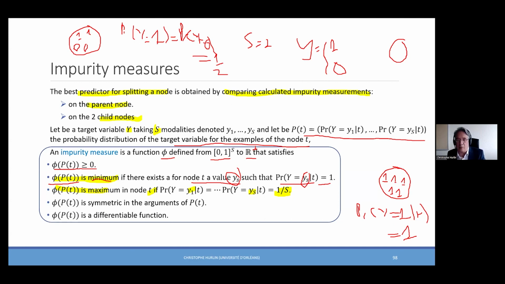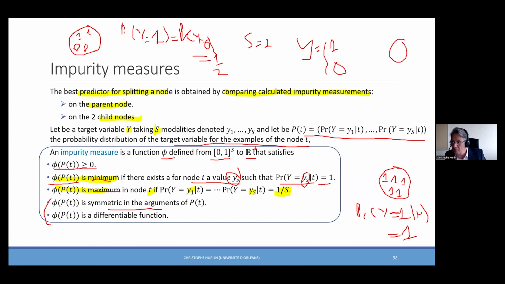Then I have a perfect mixture between 0 and 1 on this node, so the impurity measure is maximum. The impurity measure is also a differentiable function and is symmetric in its arguments.